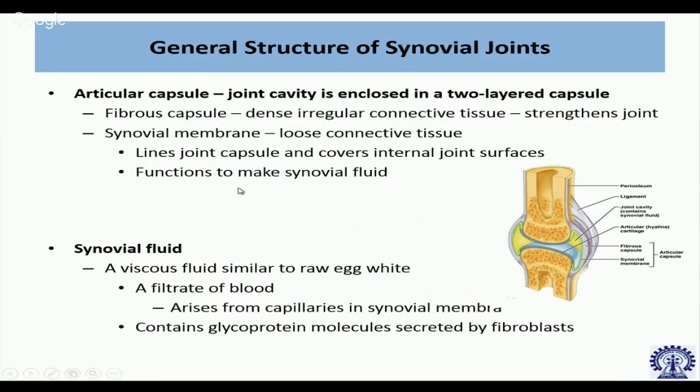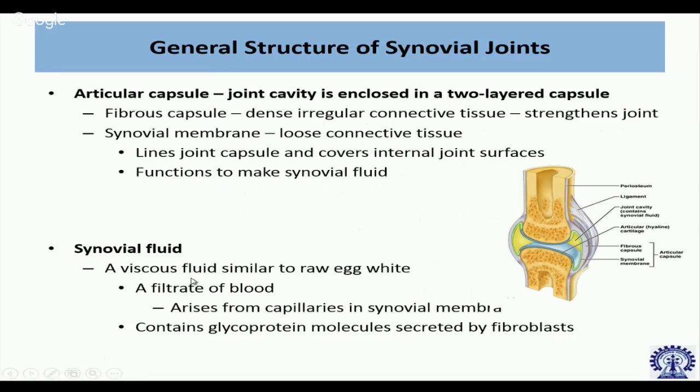Basically, this synovial membrane functions to make the synovial fluid. So the synovial membrane actually has two functions: it lines the joint capsule and covers the internal joint surface, and it makes the synovial fluid.